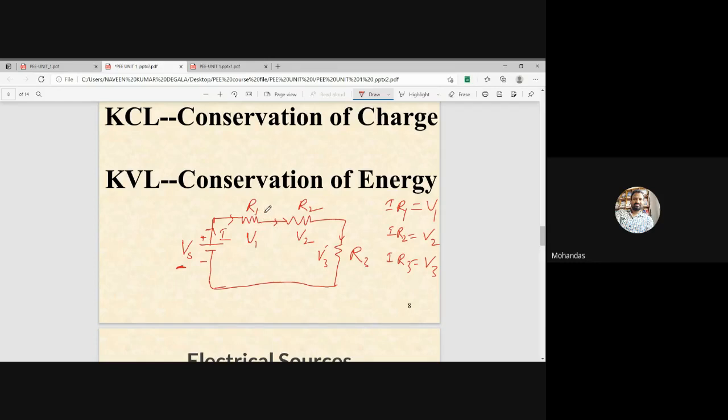Resistor is a passive element which can absorb energy from the source, which will act as a load element. For a load element, if the current is entering at this terminal, for that particular voltage drop, which sign you have to assign? Just now we have discussed plus and minus. Likewise, can you give polarities for V1 here, V2 here?